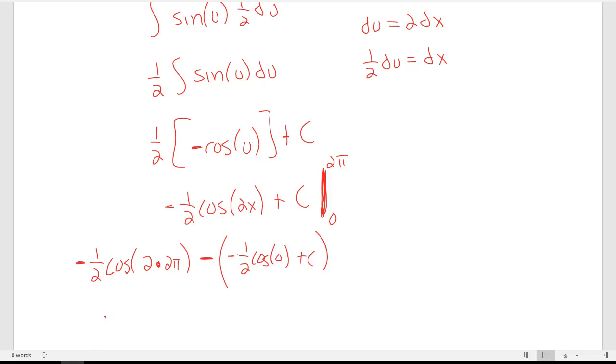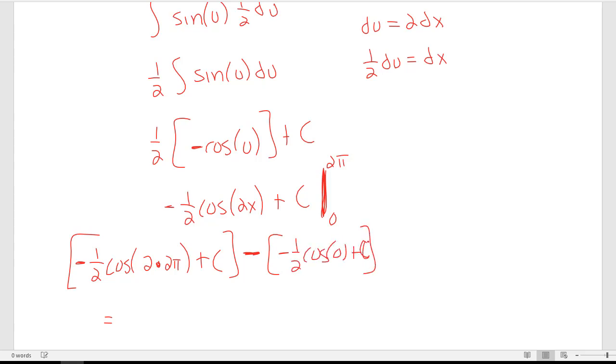Hang on, I want to fix this. I should have a plus c right here. Technically, when I plug in pi, I get negative 1/2 cosine of 2 times pi plus c, there's my upper limit, and then minus my lower limit, negative 1/2 cosine of 0 plus c, plus c as well.